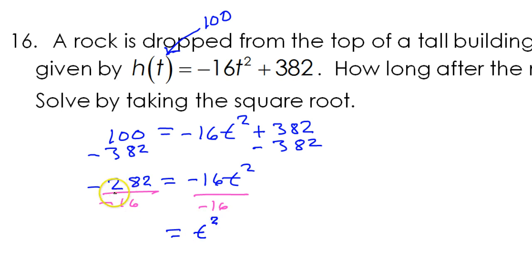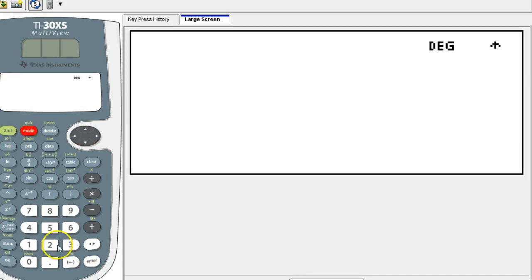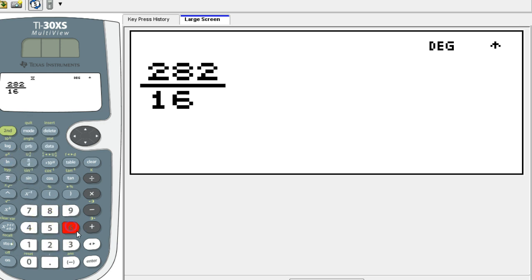So negative 282 divided by negative 16. I know a negative divided by a negative is a positive, so I will just worry about 282 divided by 16.